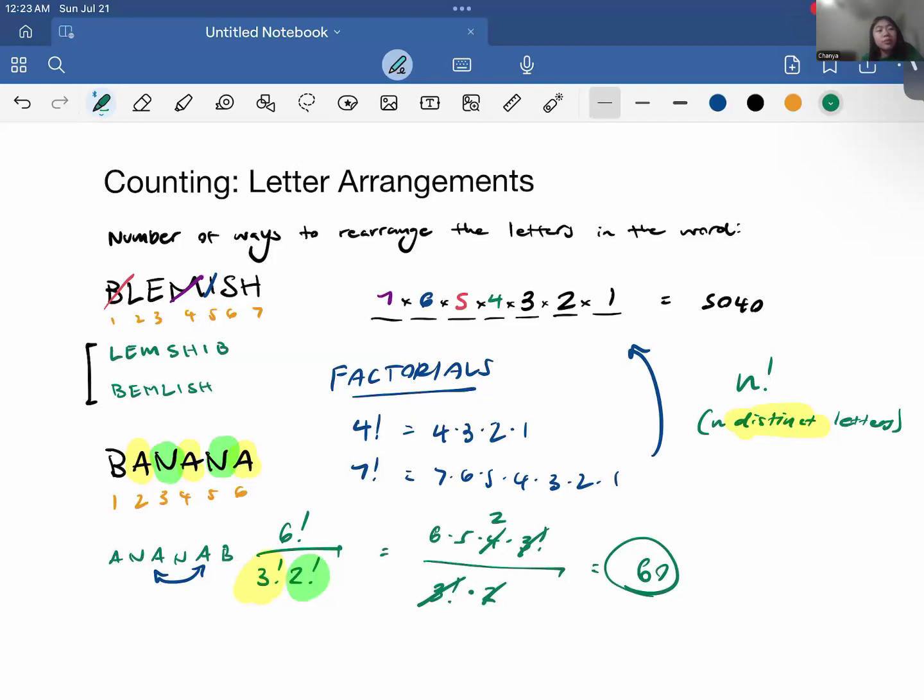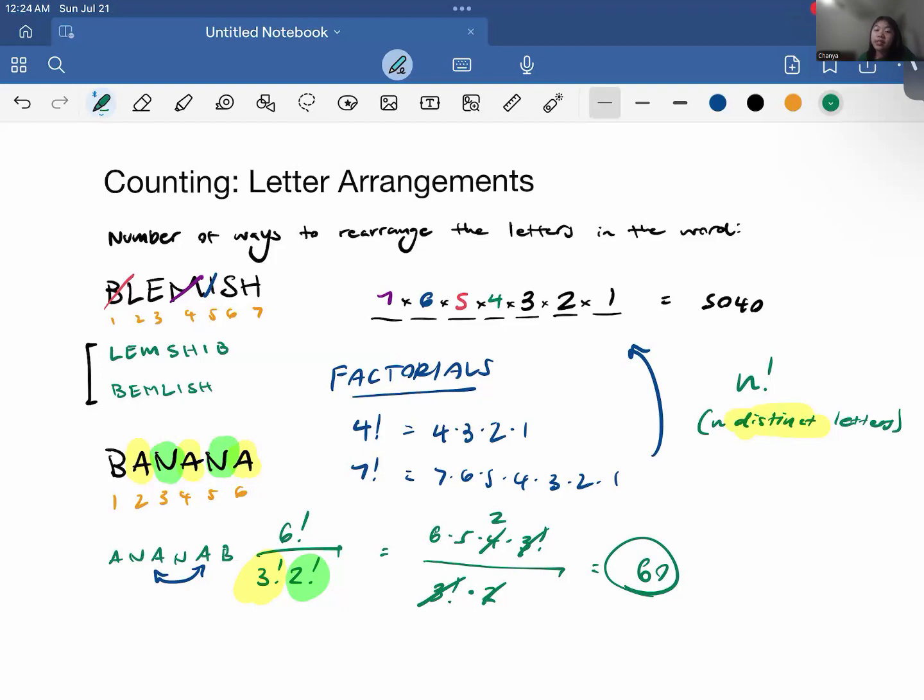So in conclusion, what we learned in this video is basically the number of ways to rearrange the letters in a word with n distinct letters is n factorial, where a factorial is basically when you take a number and multiply it by all the numbers below it.